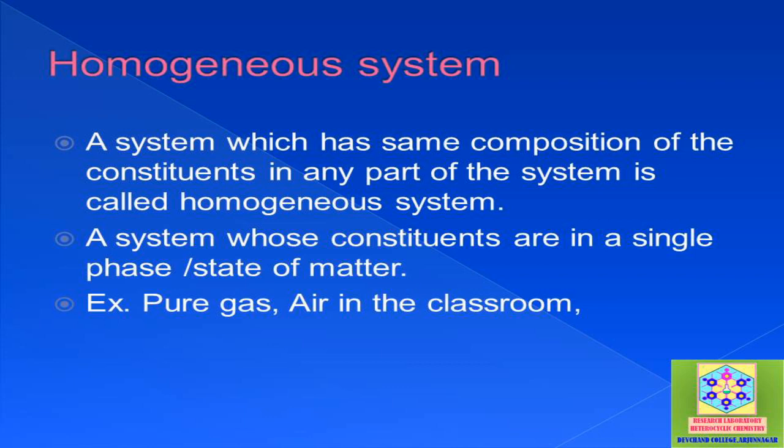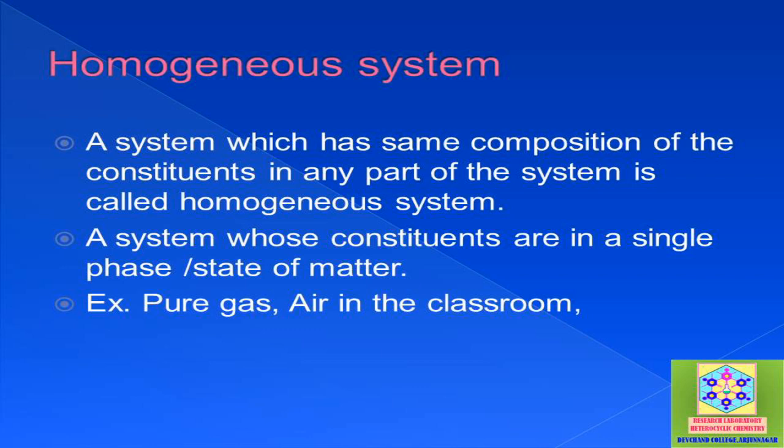So to begin with, the homogeneous system, a system which has same composition of the constituents in every part of the system is called homogeneous system. This is the system where all the constituents present in the system are in a single phase or single state of matter.